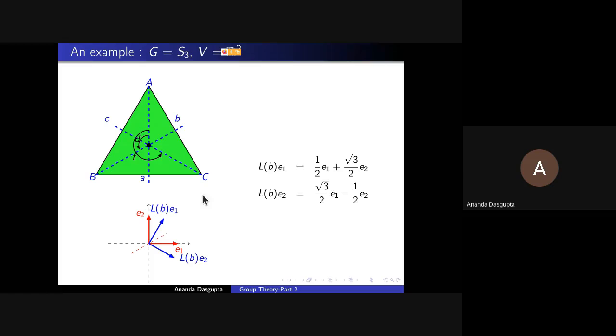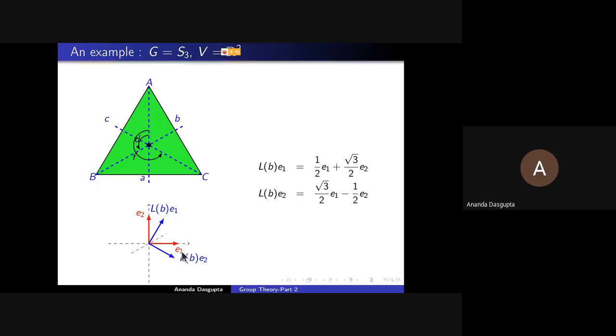This one is slightly non-trivial. You are reflecting along this line. That's your B. This dashed red line is the line of reflection. We are trying to find out the effect of B, or the operator corresponding to B. So E1 reflects and becomes LB E1 here, and E2 on reflection on this dashed line goes here.